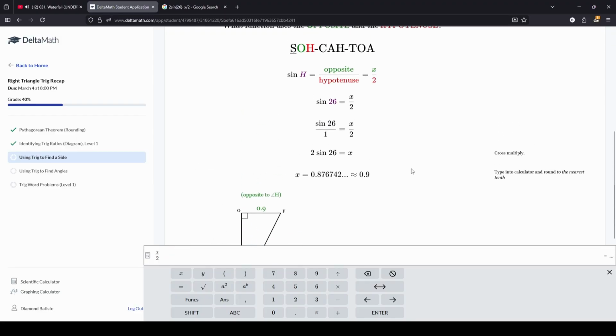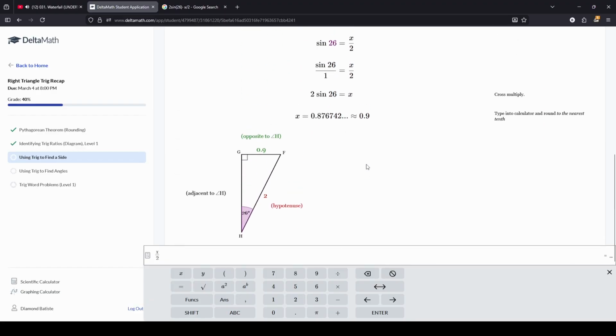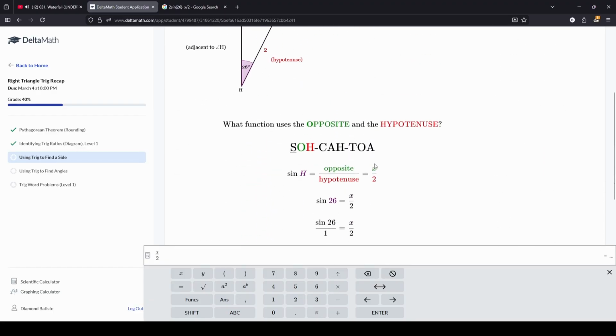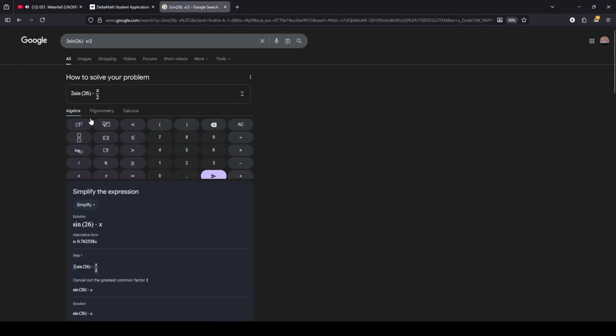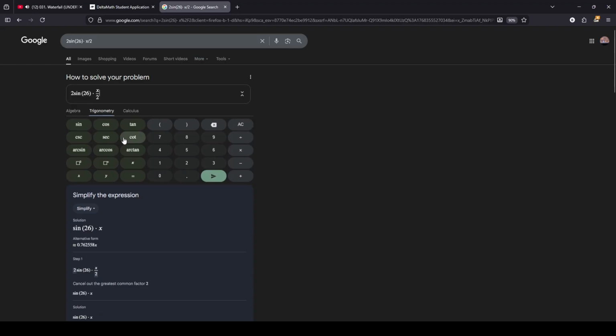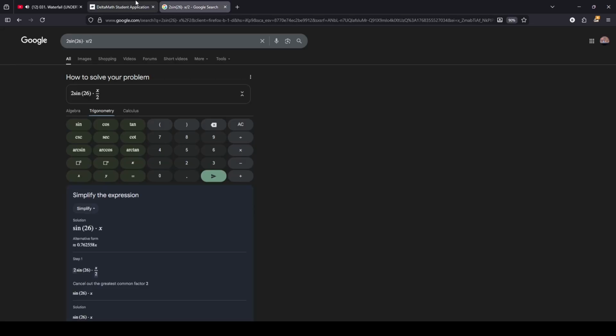Either A, this thing's wrong, or B, my calculator's wrong. Huh. Well, maybe it's because I put sin instead of SOH. Do you see SOH here? No. So then. That's that? Yeah, I guess that's that.